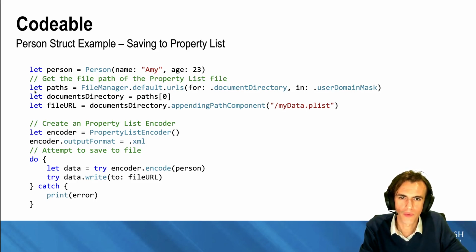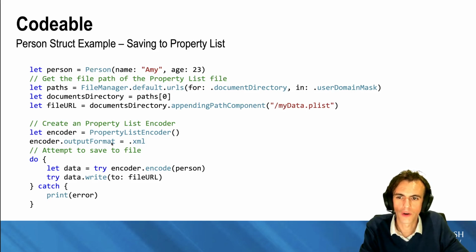Again, we have the same 3 lines we had before. We need to have a URL to a property list in the user's document directory. But then this part's a bit different. So we've got our instance of our person struct. We create an encoder by instantiating property list encoder.